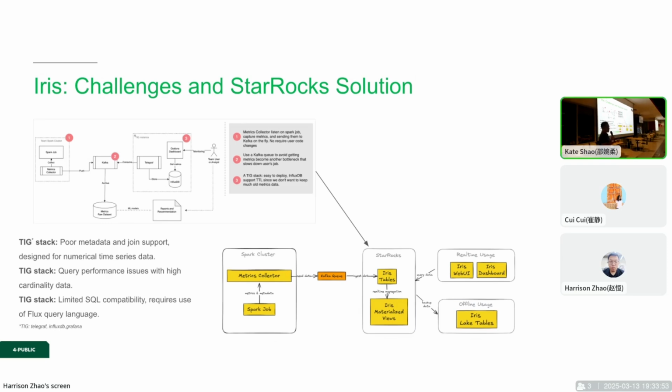For example, the job name, who the owner of that job is, which platform is running that job, and so on. But InfluxDB has limitations on storing that kind of metadata. InfluxDB was designed to capture time series data, mostly numbers, not strings. So we got an issue with that.